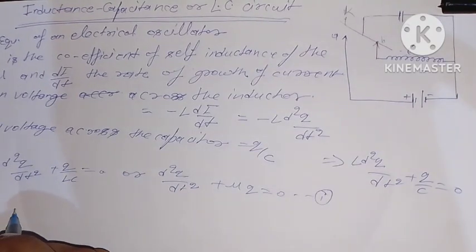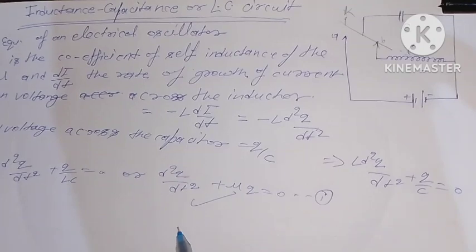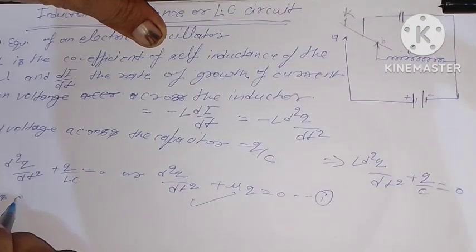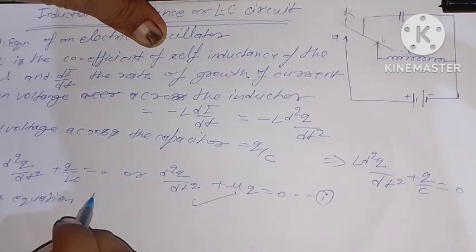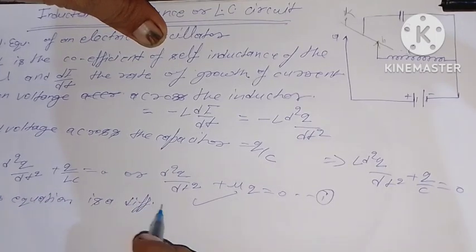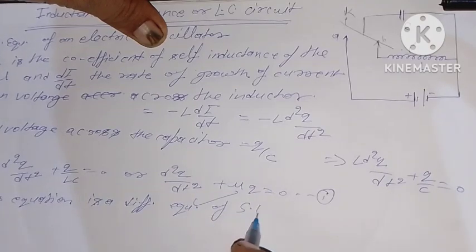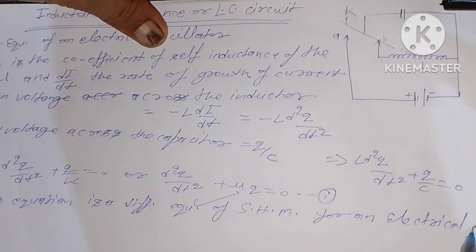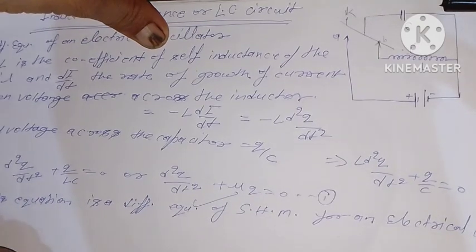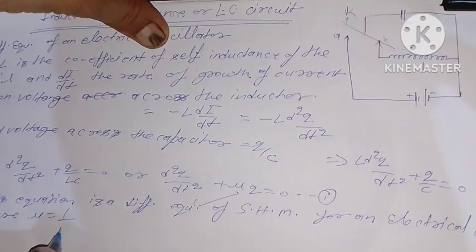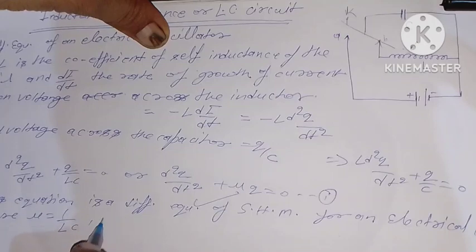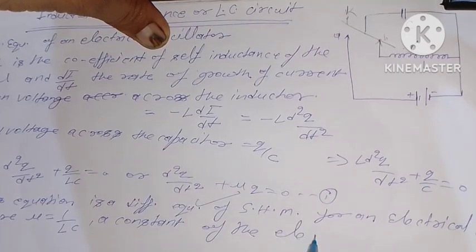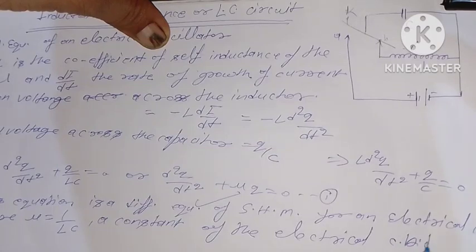This equation is the differential equation of simple harmonic motion of the electrical circuit, where mu equals 1 by LC, the constant of the electrical circuit.